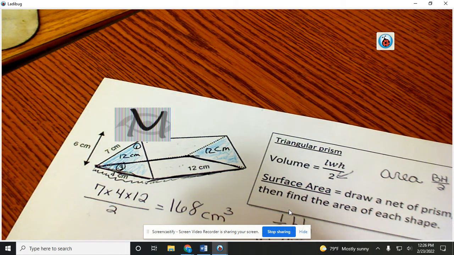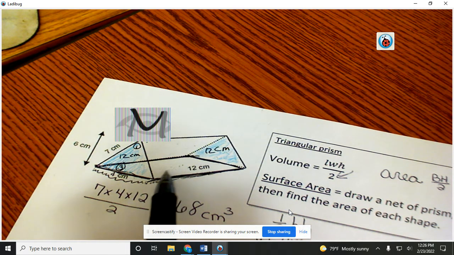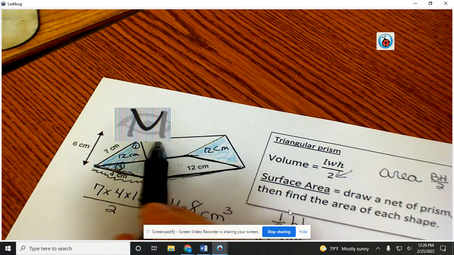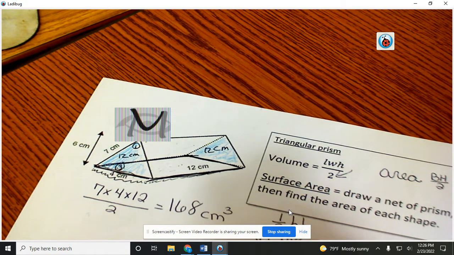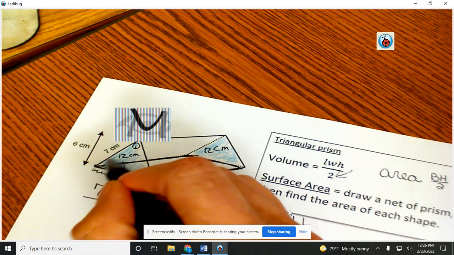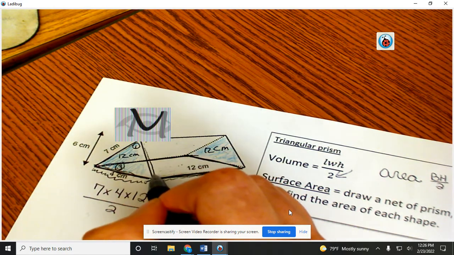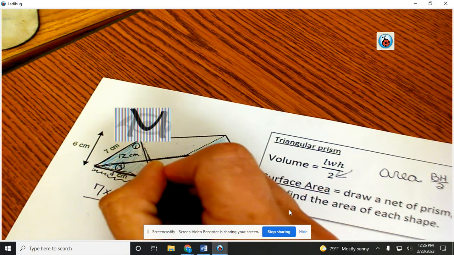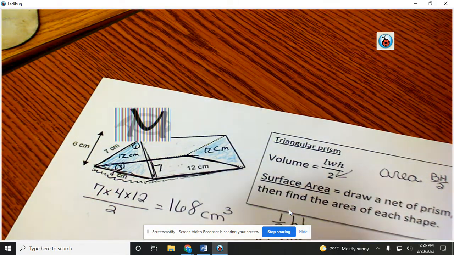We're going to do step number 3, which is to find out what this guy is. We know that the bottom part right here is 12, and if you look up here, this side right here is 7. So you're going to multiply that by 7.